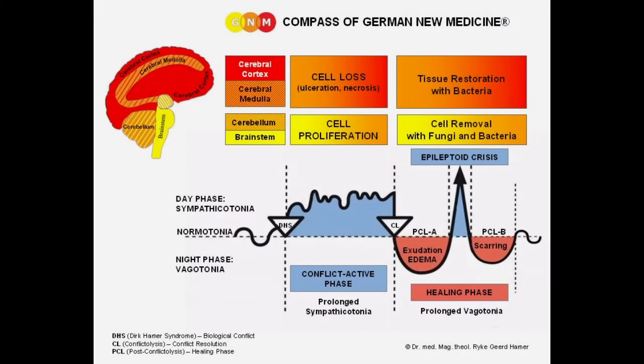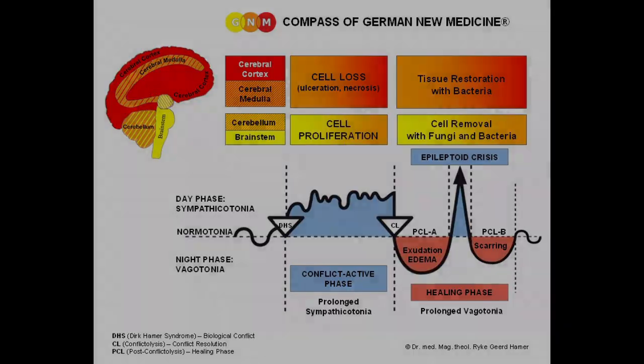So I won't go into that in any more detail, as it may get a little confusing, but if we bring back the compass and add these germ layers to it, we can see that the brainstem and cerebellum, classed as the old brain, have cell proliferation in conflict active phase and cell removal assisted by fungi and bacteria in the healing phase. And the cerebral medulla and cerebral cortex, classed as the new brain, have cell loss in the conflict active phase and cell replenishment assisted by bacteria in the healing phase.